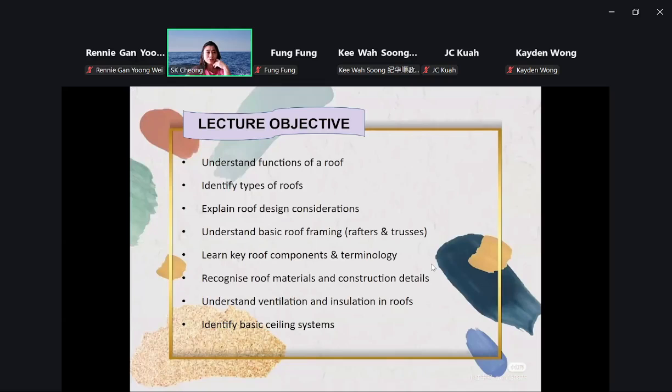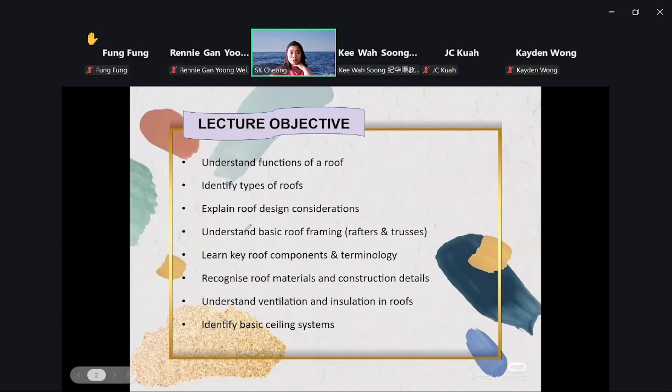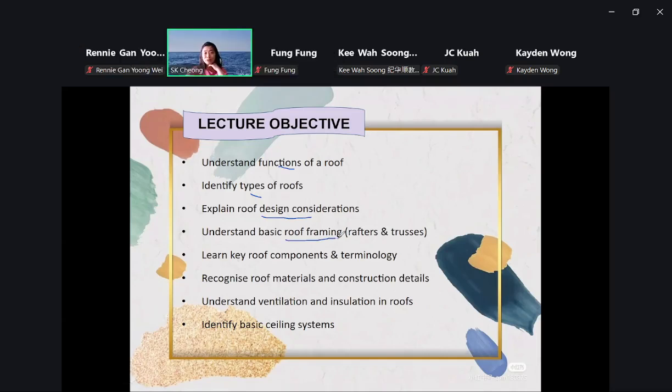Okay, so for this lecture, you will learn about the functions, the types, the design considerations, basic roof framing, components and terminology, the materials and details, and understand about the ventilation and basic ceilings.